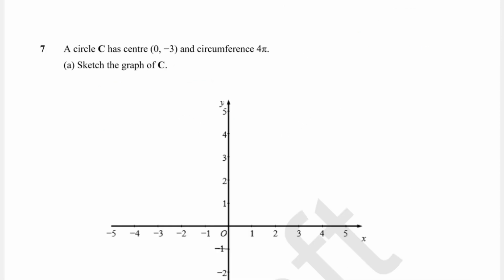Question number 7. A circle C has centre 0, negative 3 and a circumference of 4 pi. For part A, we have to sketch the graph of C. The first thing we can do is find the radius. Well, to find the radius, we have 2 pi times by the radius, and that's equal to the circumference, 4 pi, which means if I solve for r is equal to 2.